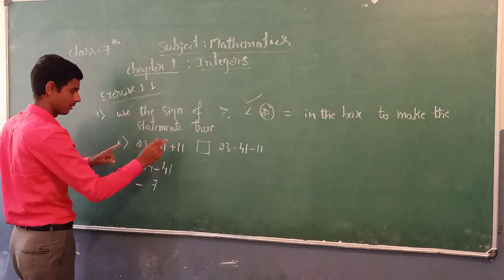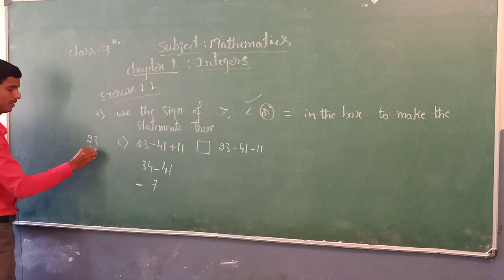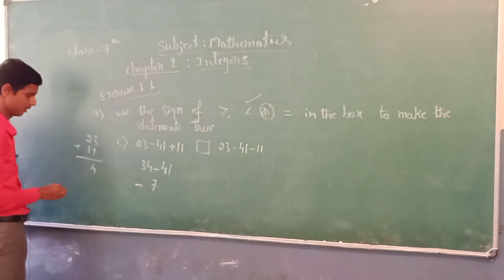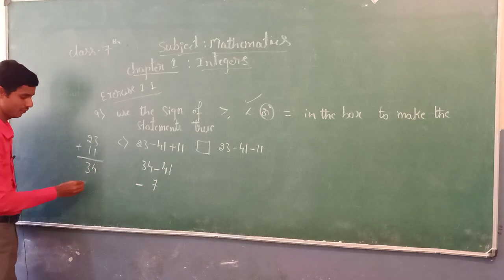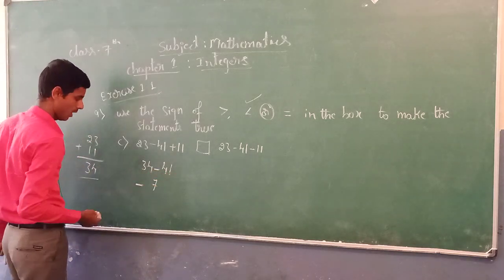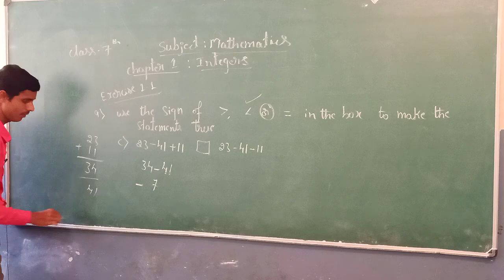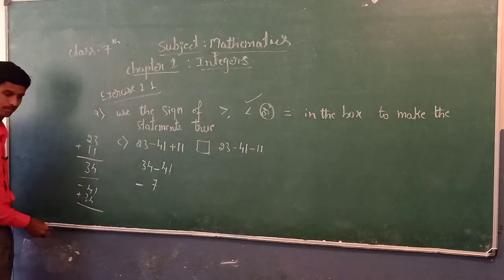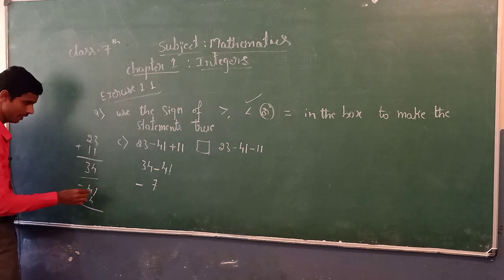23 plus 11, we have to add these two. 3 plus 1 is 4, so here we have 34. In 41, we have to subtract 34.